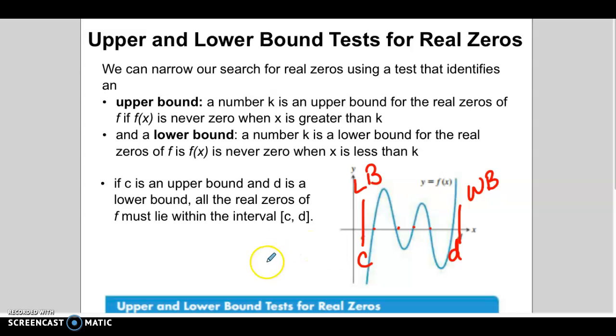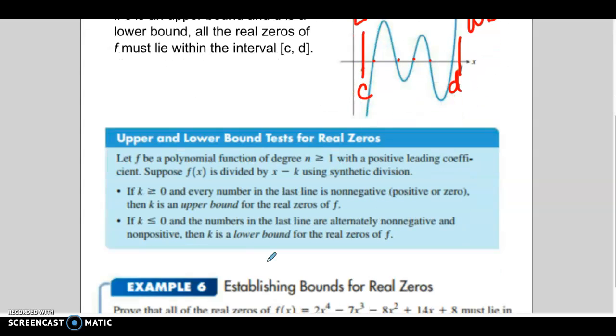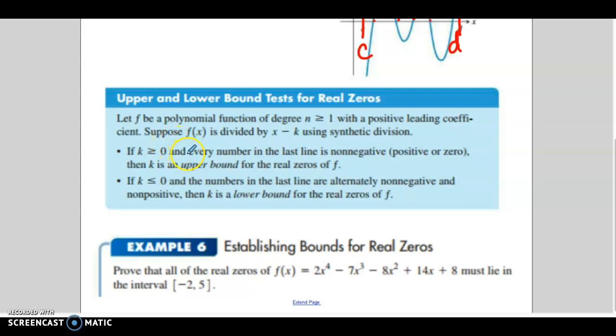And the way we find those is by using synthetic division. So if f is a polynomial function with degree of n greater than or equal to 1 with a positive leading coefficient, if we divide our function by some linear factor x minus k, if k is greater than or equal to 0, and every number in the last line of our synthetic division is non-negative or positive, then we know that k is an upper bound.